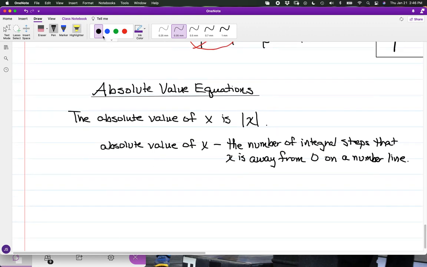And in the case of absolute value, it is going to be a non-negative quantity.